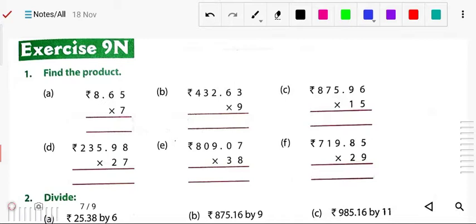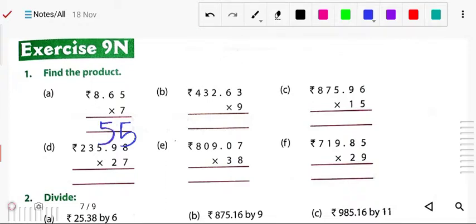You have to multiply first, as you normally multiply. First of all you multiply, then after put the decimal. So first you multiply it. 7 5s are 35, so write 5. Whatever your carry is, 3, so here will be again 5. So again 5.